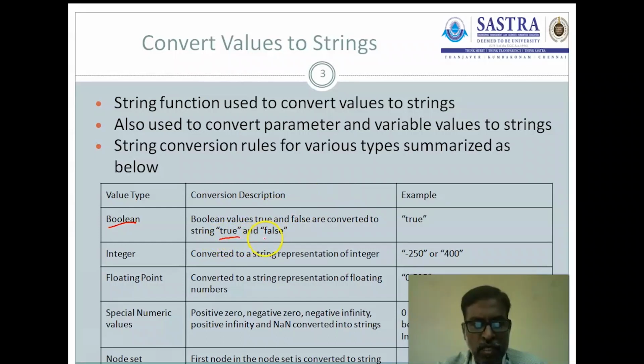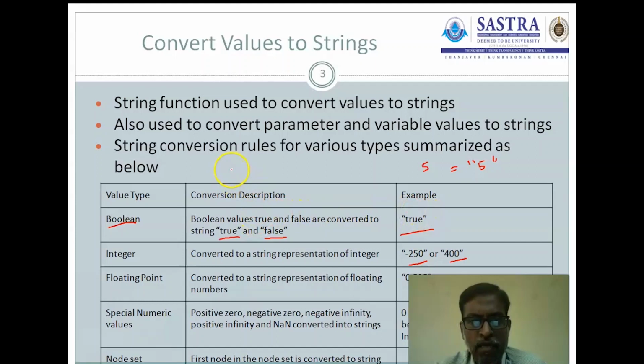So true or false is included within double quotes. The example is that within double quotes you need to write true. And an integer value, either positive or negative, can be converted into string format. If you enter 5, that is converted into the string format of 5. Similarly, floating point numbers also.